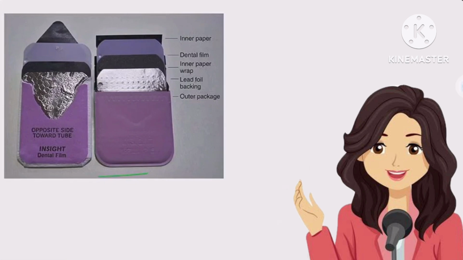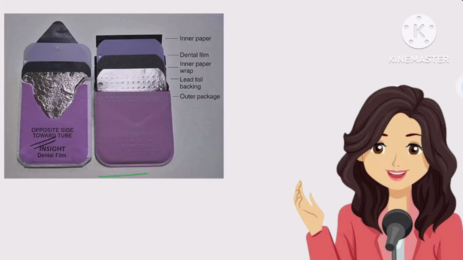All right. So X-ray film basically has two sides: towards the tube side and opposite side of the tube. This is the opposite side of the tube. And the side that faces the tube is the main side that we need to know.